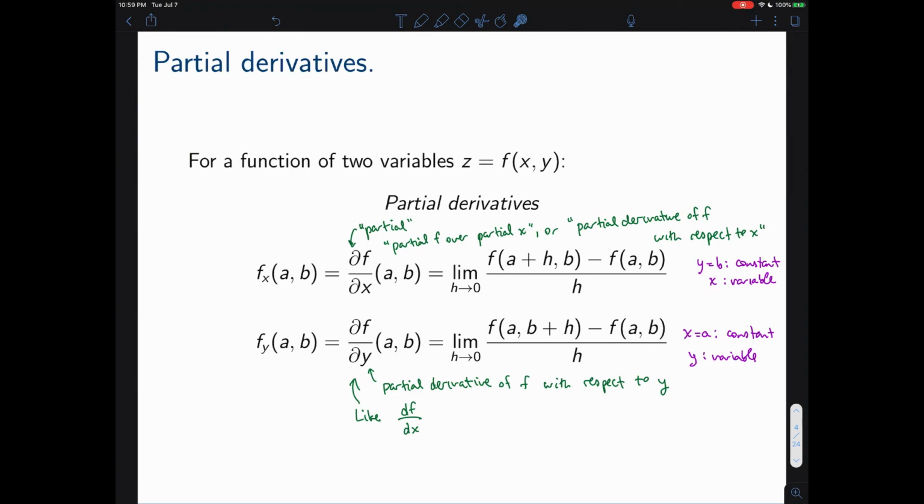So setting y equals b corresponds to restricting ourselves onto that vertical plane where y equals b and not being allowed to move off of it. And setting x equals a corresponds to restricting onto a different vertical plane, the x equals a vertical plane. That's why we're cutting with those vertical planes and getting those vertical traces.